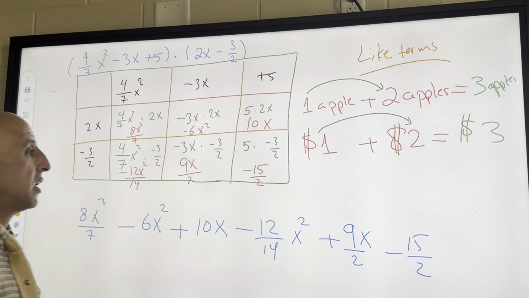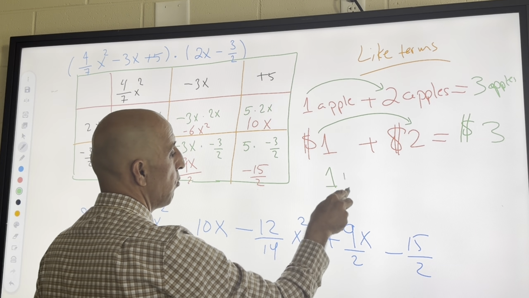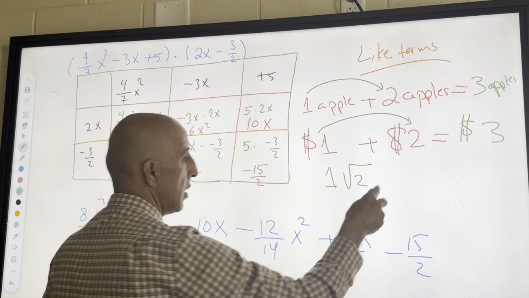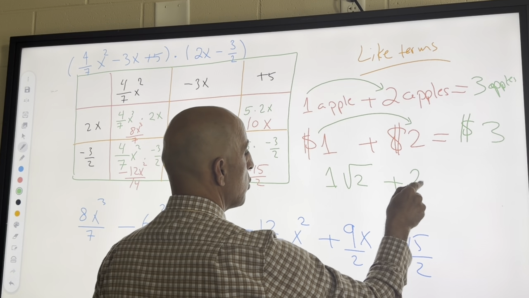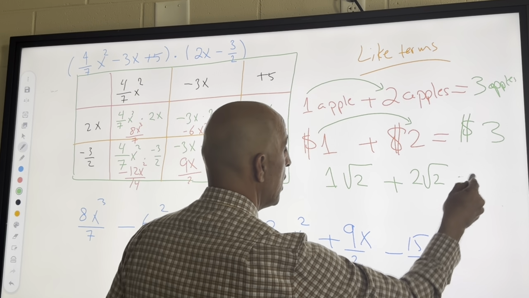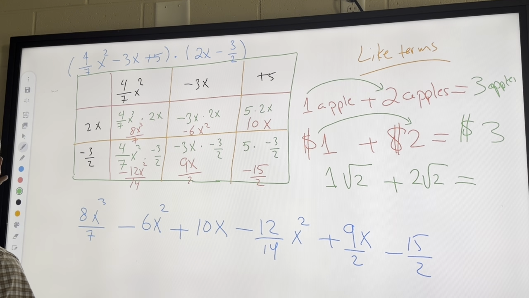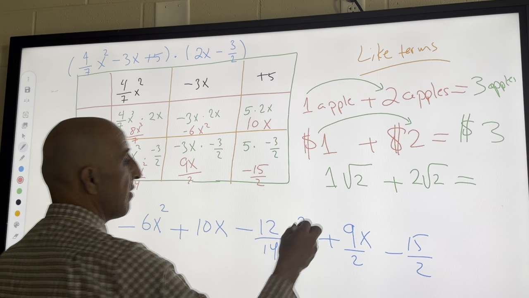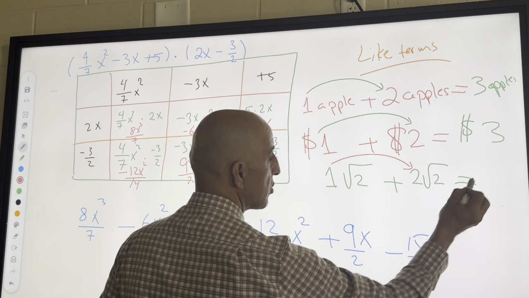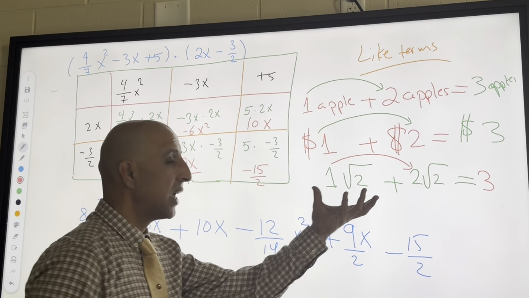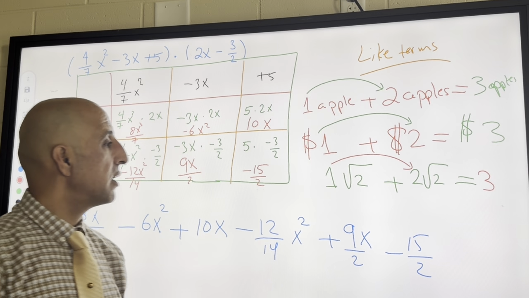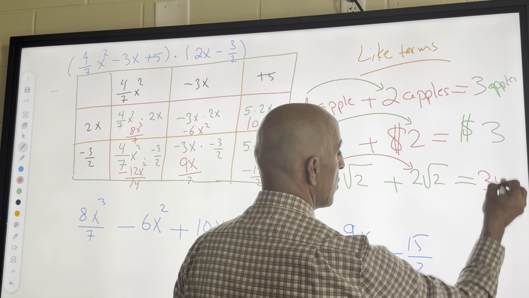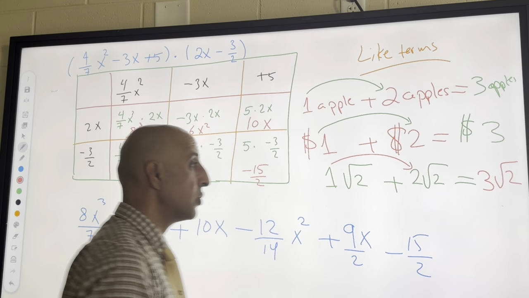The same thing in math: if you have 1 square root of 2 plus 2 square root of 2, immediately we say 1 added to 2 is 3, and what we have is the square root of 2, so the answer will be 3 square root of 2.